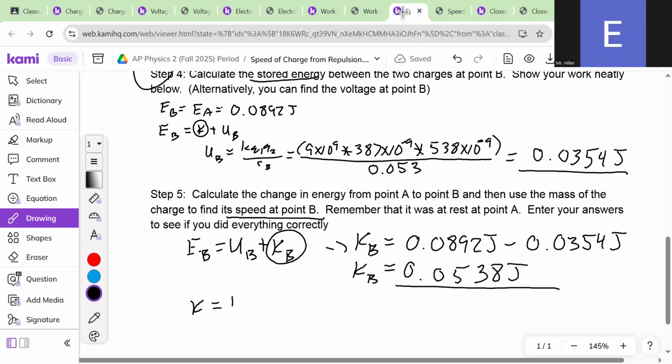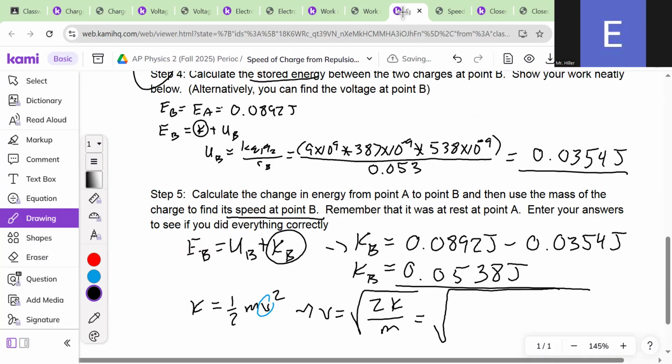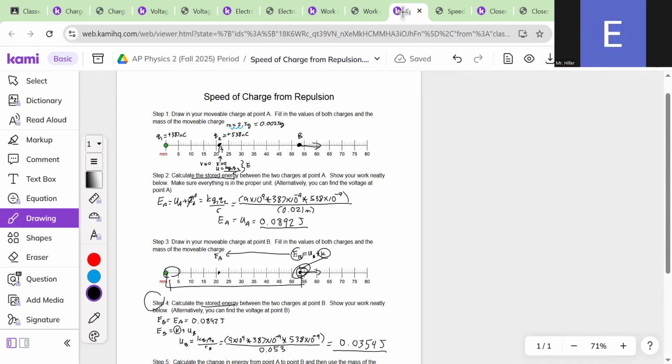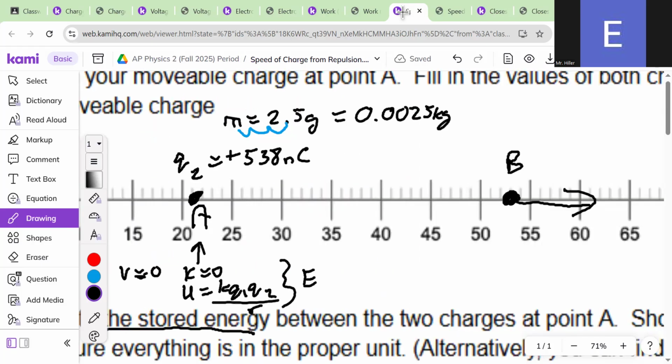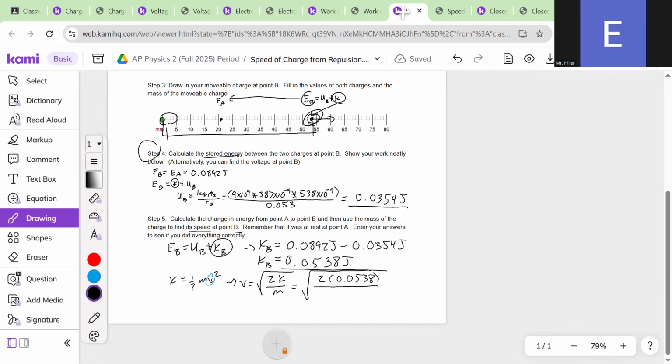Kinetic energy is equal to 1/2 mv squared, and you'll use that to solve for v. Multiply by 2, divide by mass, square root, and v would equal the square root of 2 times the kinetic energy over the mass. So 2 times the kinetic energy, 0.0538, divided by the mass. Remember, the mass was really small. It was 2.5 grams, or 0.0025 kilograms.